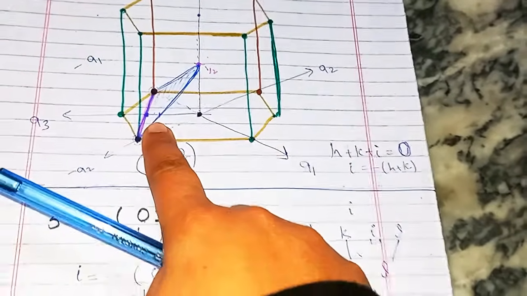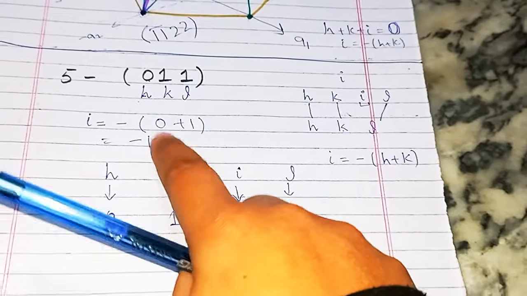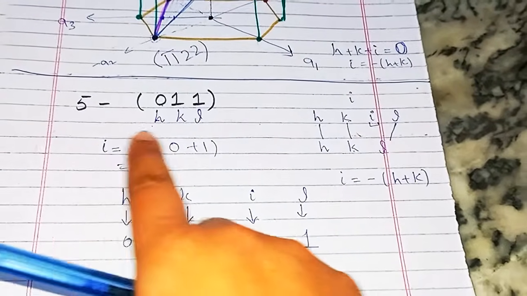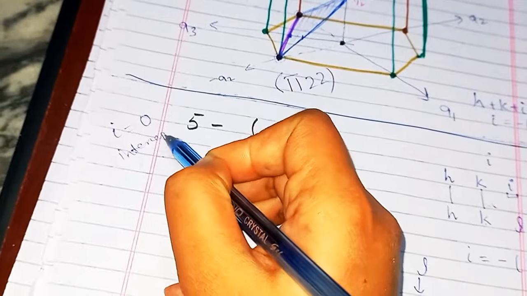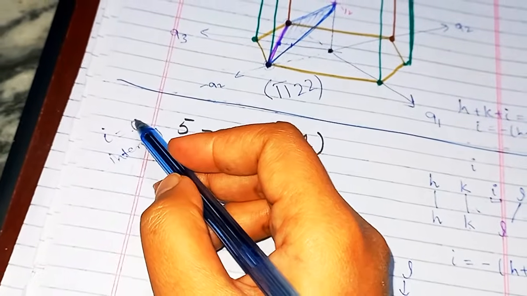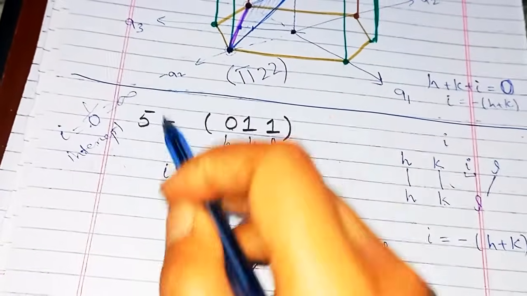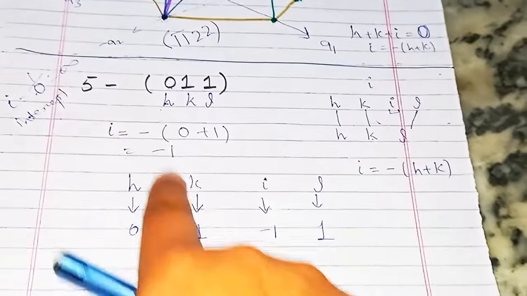And as we see in this case, if I is not 0, if the intercept corresponding to I is not infinity, they are similar statements, because if the index is 0, then the intercept is obtained by taking the reciprocal of index, and 1 over 0 is infinity. So it's a similar statement that if I is 0, then you have to consider it.